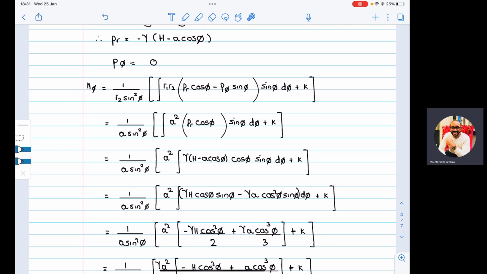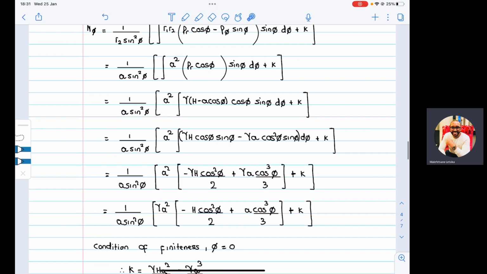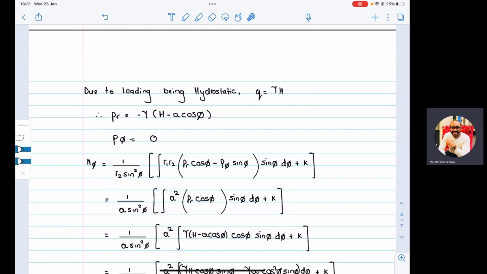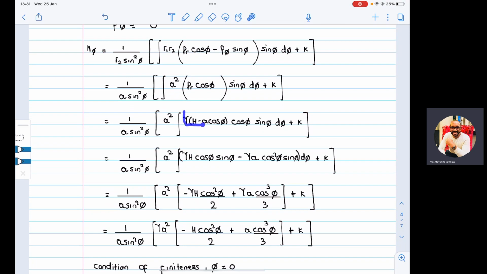Okay, so we further simplify this. Substitute in for PR. Remember what PR is: it's the unit weight multiplied by that height, which is Q. That's your PR, multiplied by cos phi, and then multiplied by sine phi d phi, and I'm still keeping this the same.